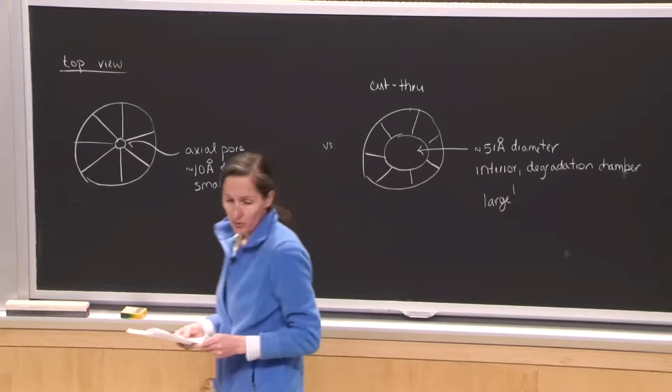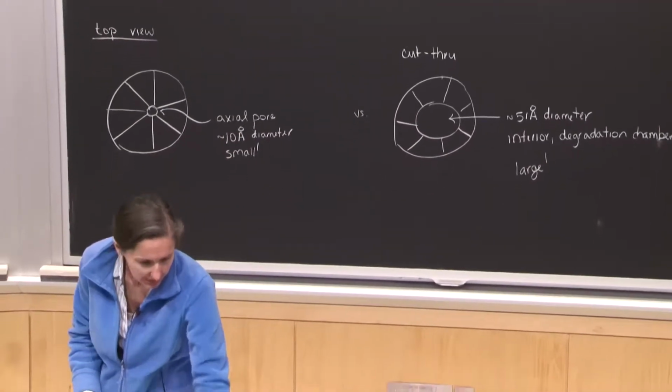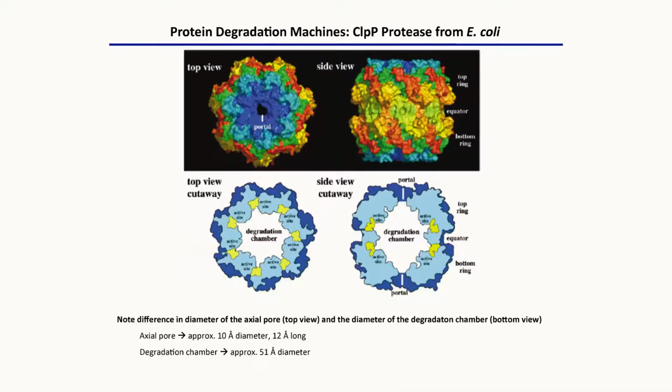So we'll look at some structures of ClpP and then go on to ClpX. What we're looking at here are effectively what I've drawn out in cartoon form on the board. So here we have the side view of ClpP. We have the top ring, the bottom ring, and here's the region between the two, the equator. If we look at the top, here they're describing the axial pore as a portal.